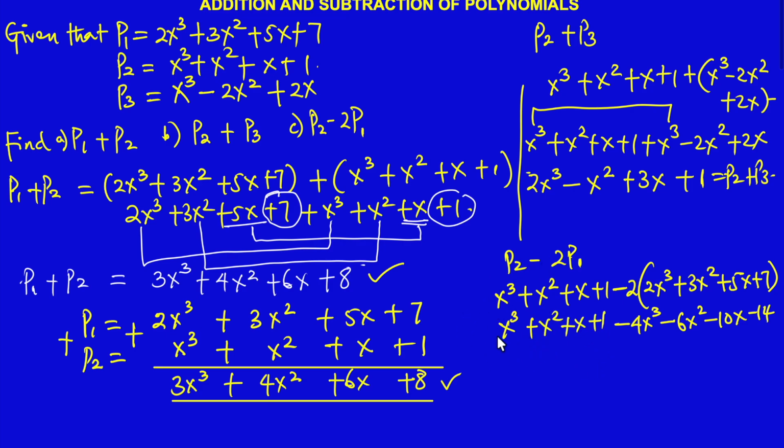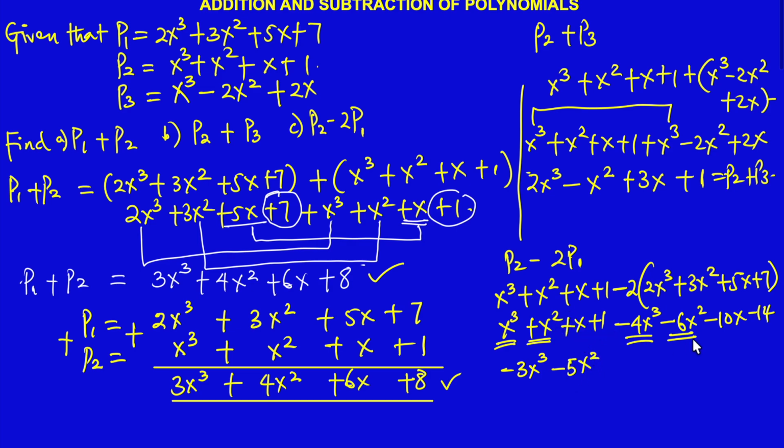So let's bring the like terms together. We have this, then we have a negative 4x cubed. So that gives negative 3x cubed. Now this and this, you have 1 minus 6, all right, so you have a minus 5x squared.